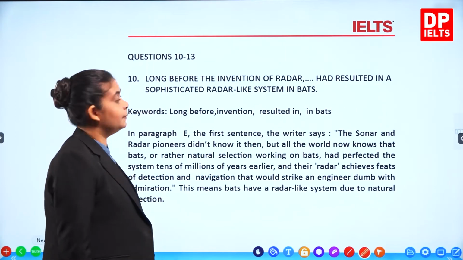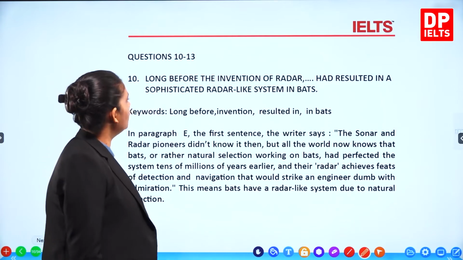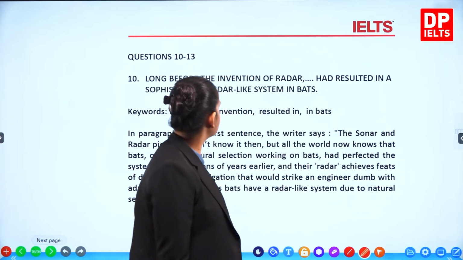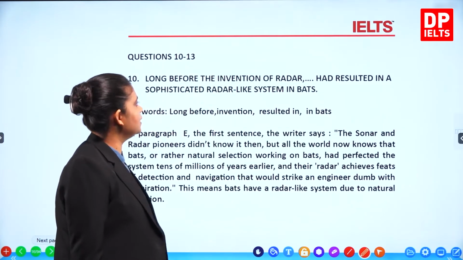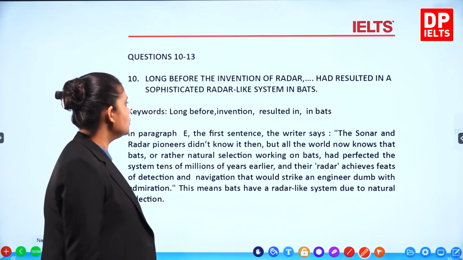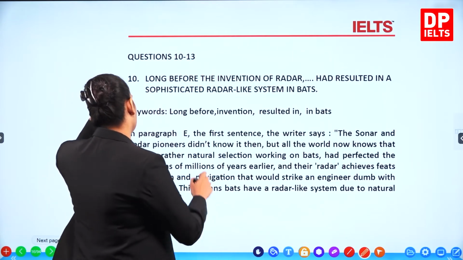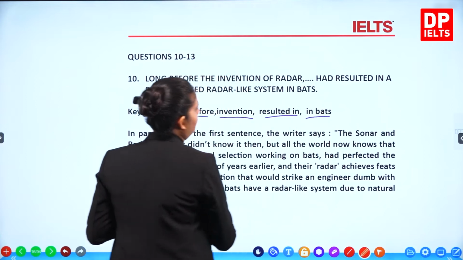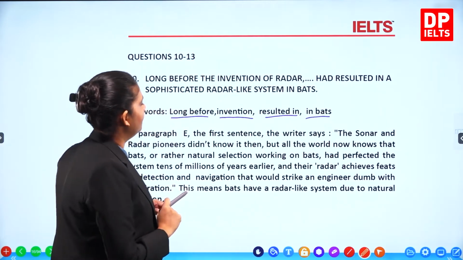Right, question number 10. Long before the invention of radar, blank had resulted in a sophisticated radar-like system in bats. So, what are our keywords? Long before, invention, resulted in, bats. Okay.